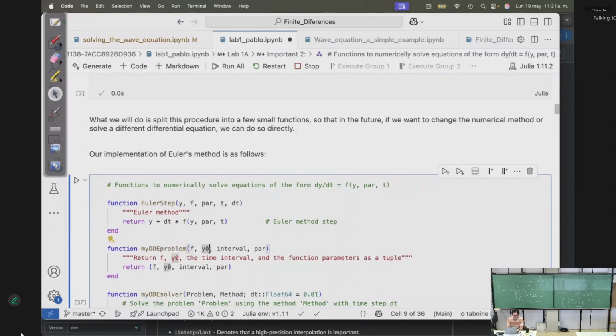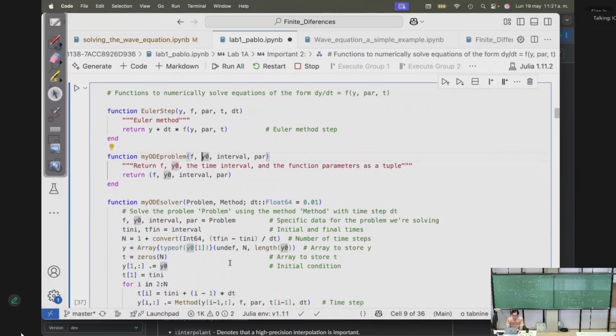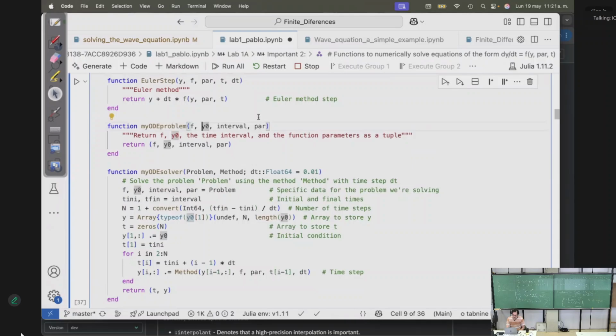The y0 is the initial data, the interval is the time interval, and par are any parameters f needs to run. In our case, this would be lambda. And then we have my ODE solver, which takes the problem, the method, and the delta t, and simply solves it, with a default delta t defined just in case.